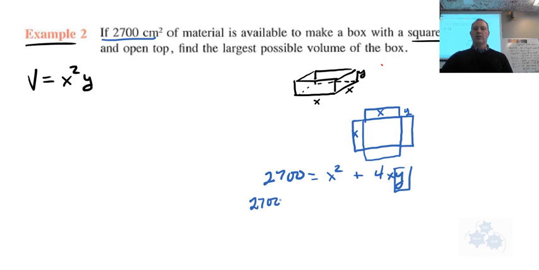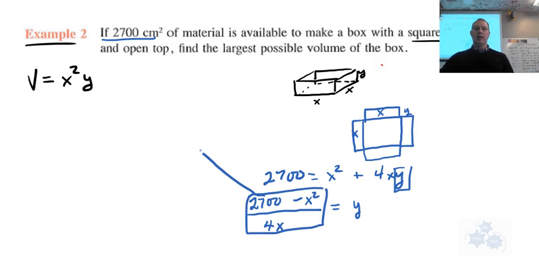So it looks like this: 2,700 minus x squared, divided by 4x, equals y. Does everybody agree with that? And so here is what y equals.